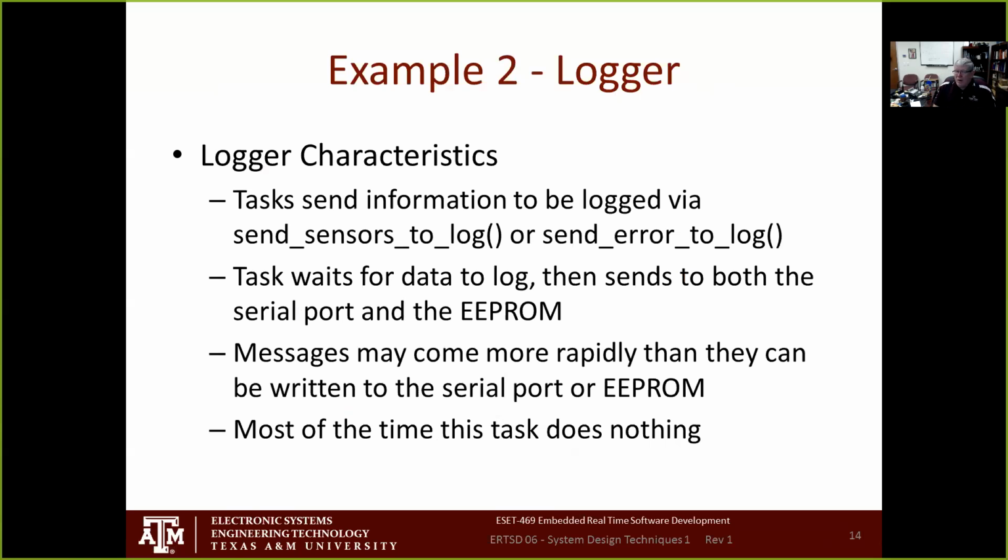And in case we have any errors that we have to report, we're also going to have this function that we're going to call send error to log. And that also is called by whoever needs it. Now, the task is going to try to log the data.